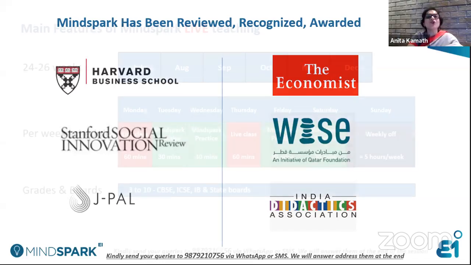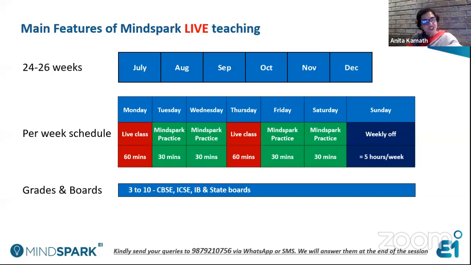Okay. So students, children, and parents, the main features, once again, of the Mindspark live class: starting from July to December, it is 24 to 26 weeks of teacher classroom, which is divided as 2 hours in a week, 2 classes, 1 hour each day.